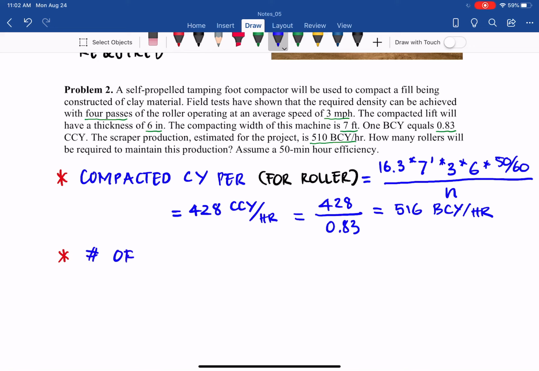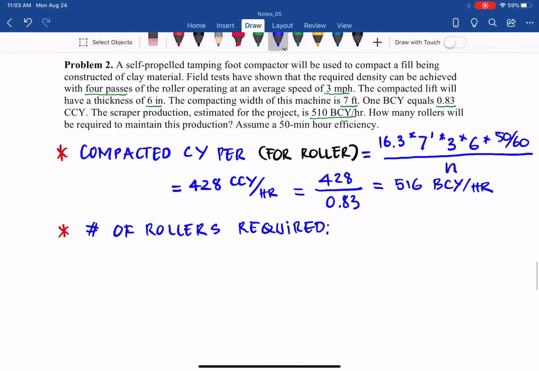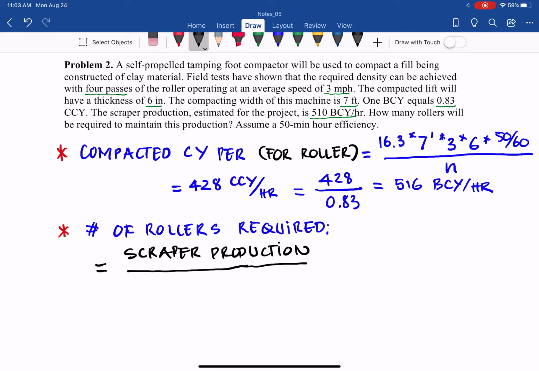Number of rollers required equals, to maintain production, they have to match, no bottleneck, something we did before. So as you can see here, scraper production divided by roller production.